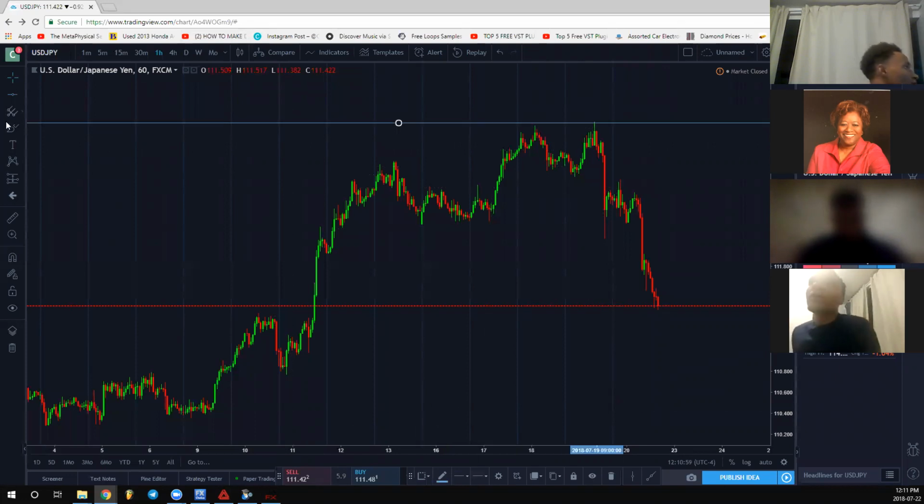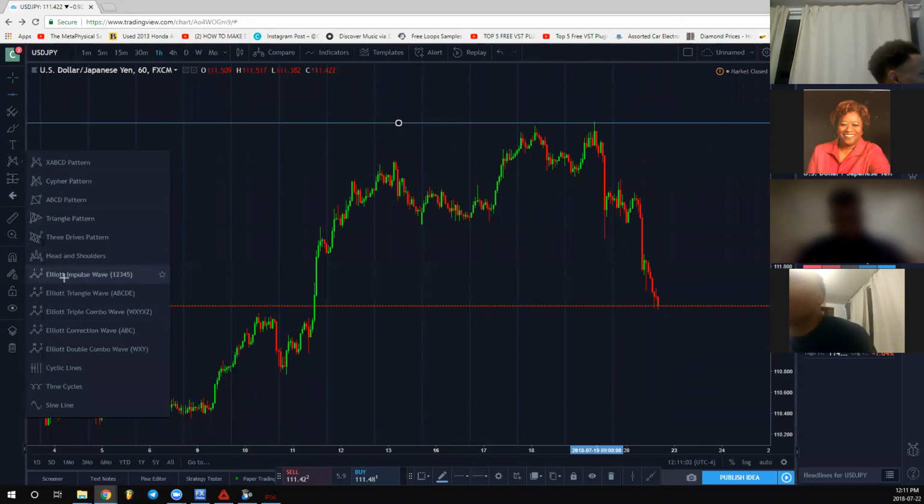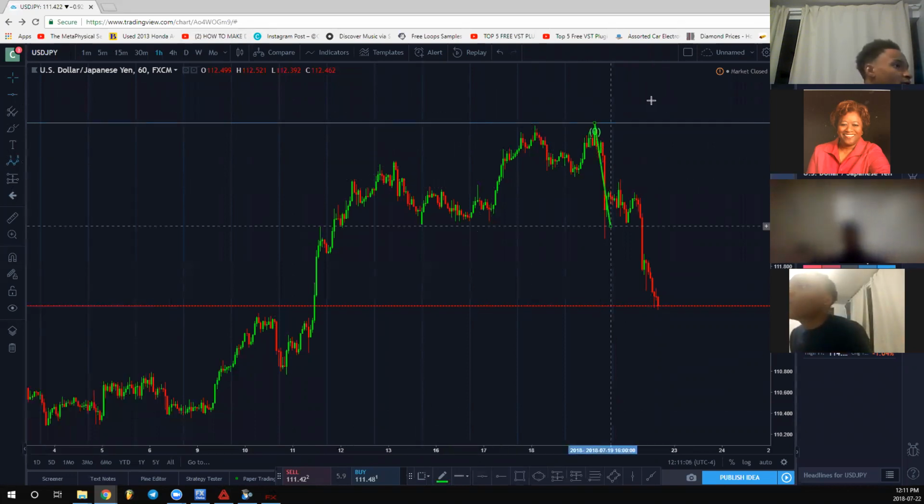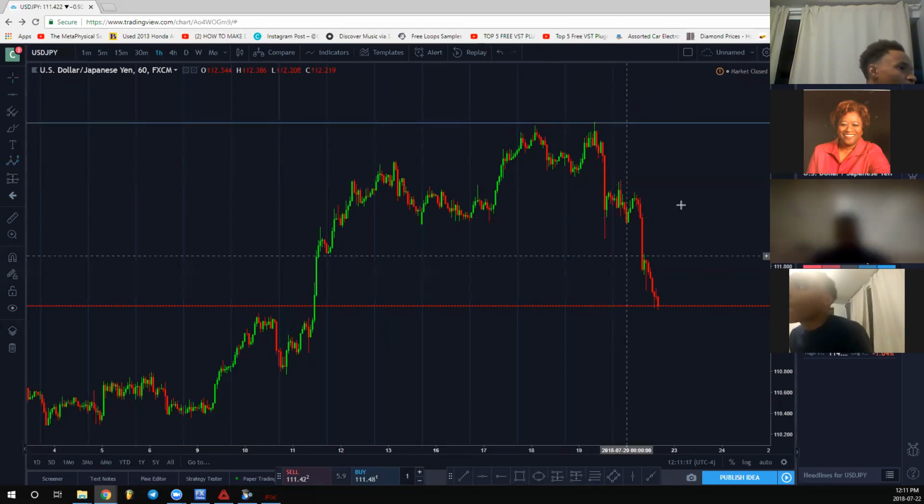If I grab this tool and I do the Elliott impulse, right, it'll go 1 to 2 to about maybe 3 here. So now it goes 1, 2, 3. Right here, you're gonna draw a horizontal line. All right. So now right there, you're gonna draw a horizontal line as well.